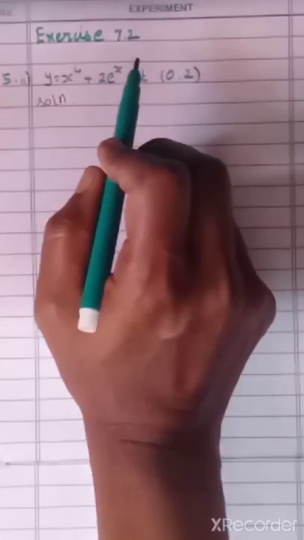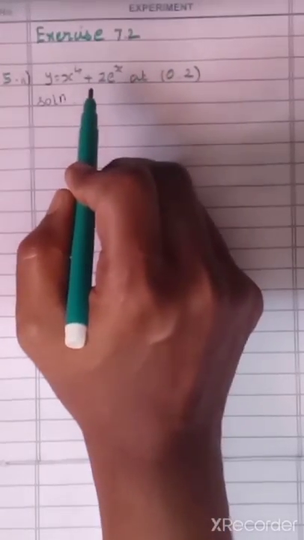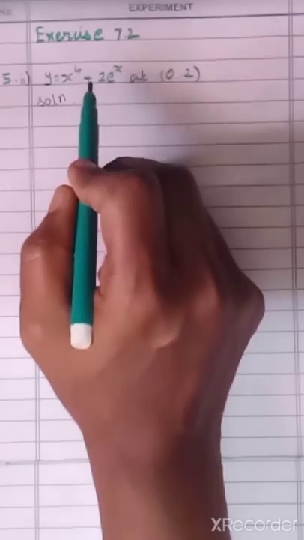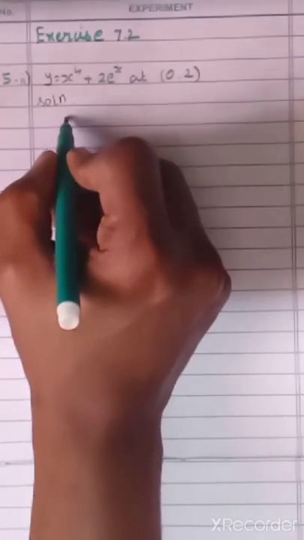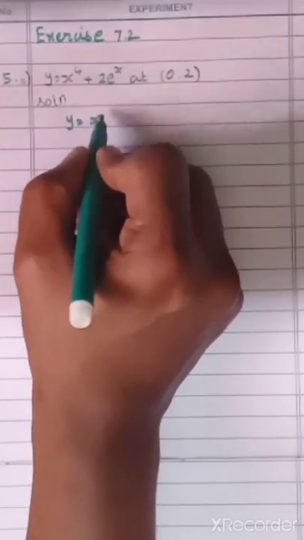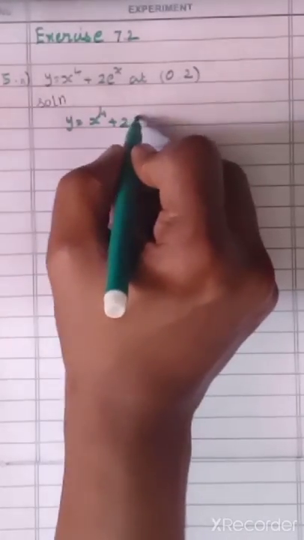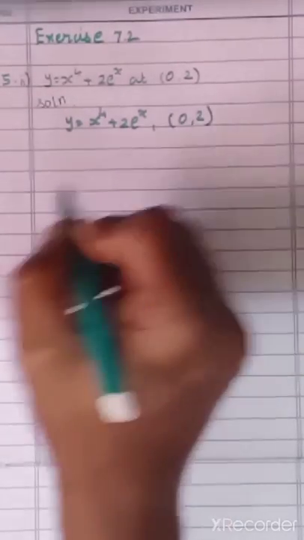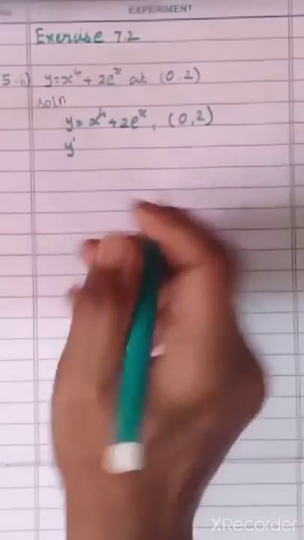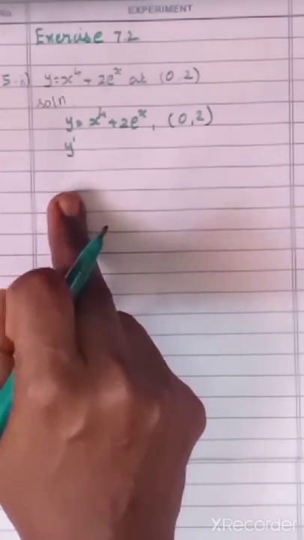The m value. So if you find out your m value, you can use a formula and you can find out the answer, right? So now, what is given? y equal to x power 4 plus 2e power x at the point (0, 2). Okay, what is meant by y dash? y dash means first differentiation.